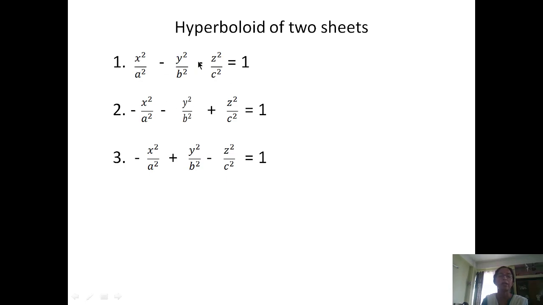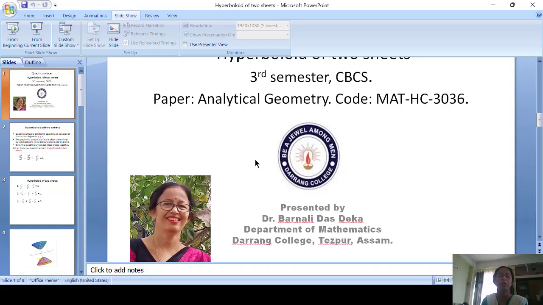So here these are the two negative signs and here it is positive. In this case these are the two negative signs and this one is positive. In this case this one is negative and this one is negative, but this is positive. So all these three equations also represent hyperboloid of two sheets.